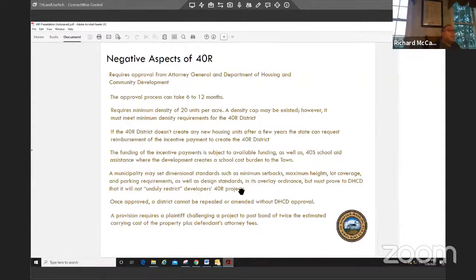The next one down: once the district is created, you need DHCD approval to repeal it or amend it. I think it's probably intuitive about amending it because you'd be adding a new one. The notion of repealing is probably a little bit harder for people in many instances.